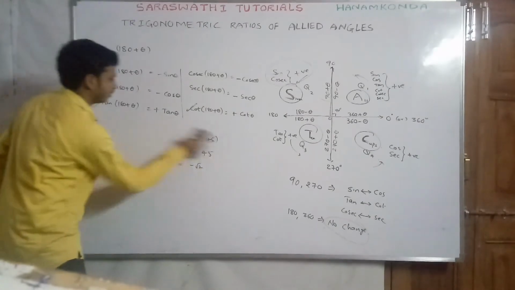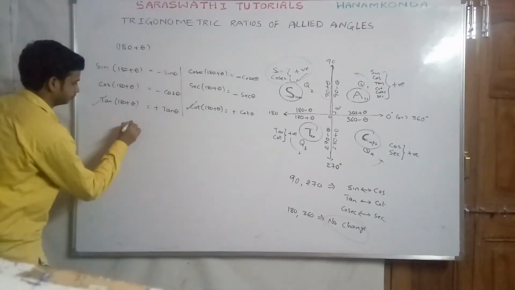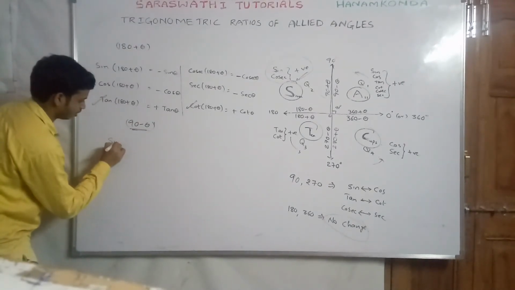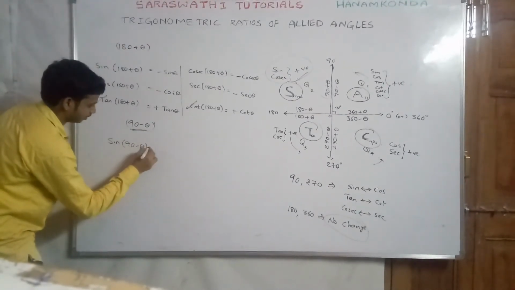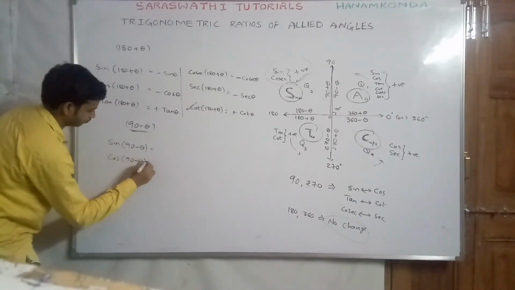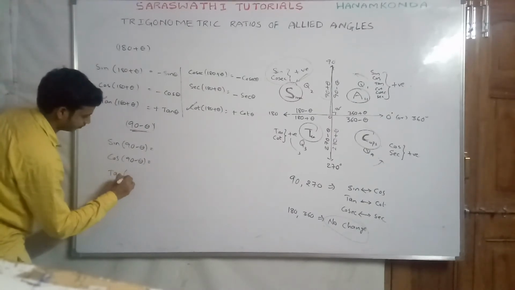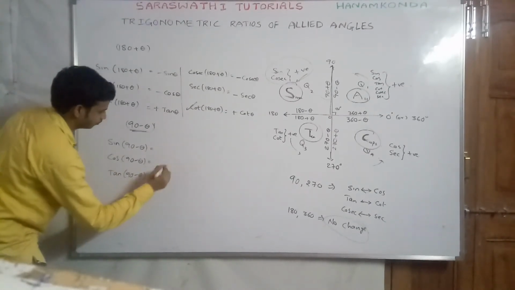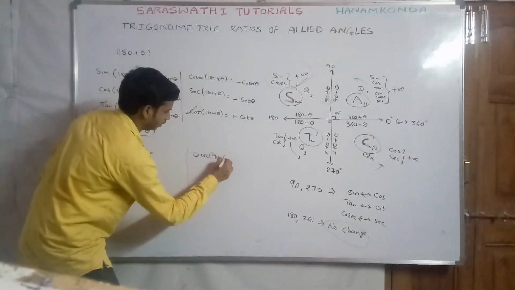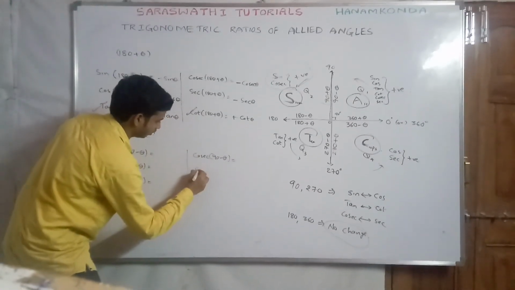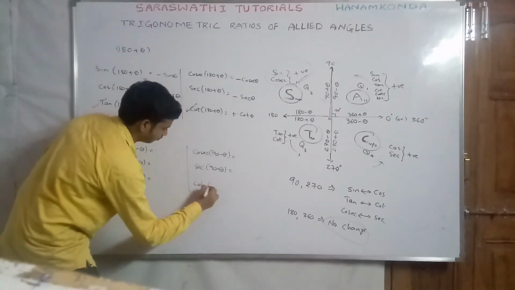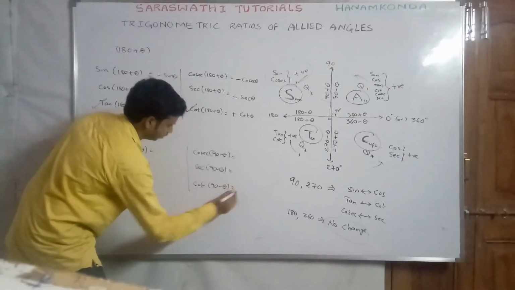Now let us find the values for 90 minus theta. Sine of 90 minus theta, cos of 90 minus theta, tan of 90 minus theta, and cosec, sec and cot of 90 minus theta.